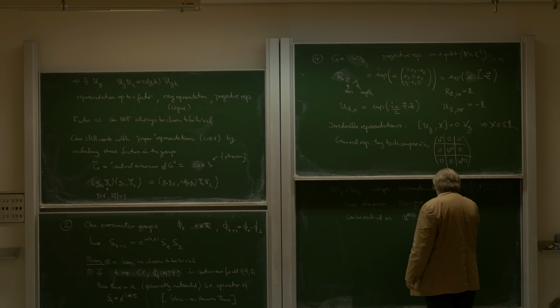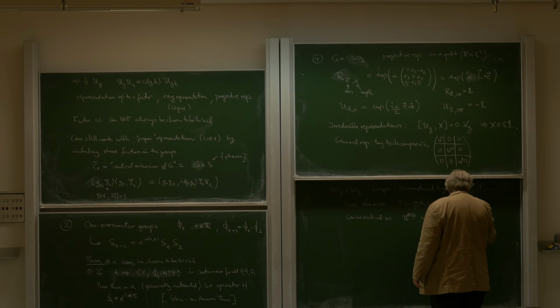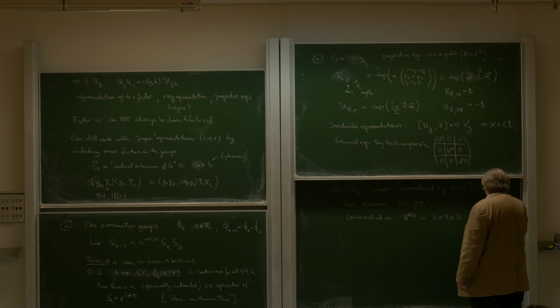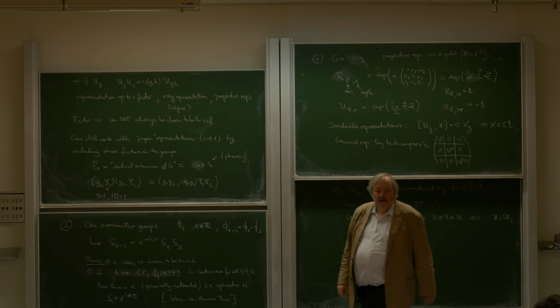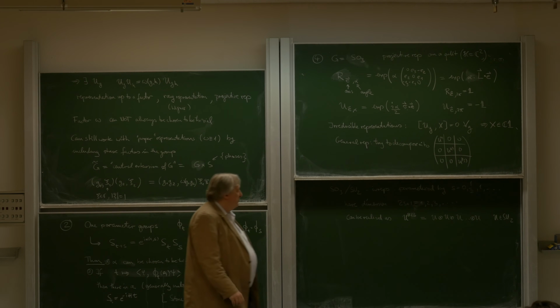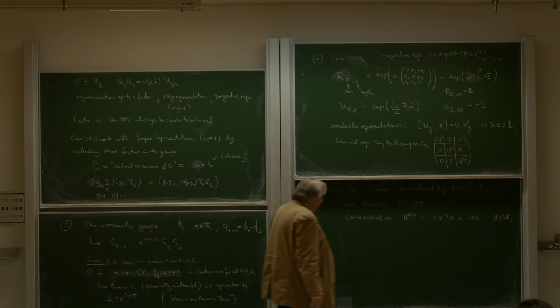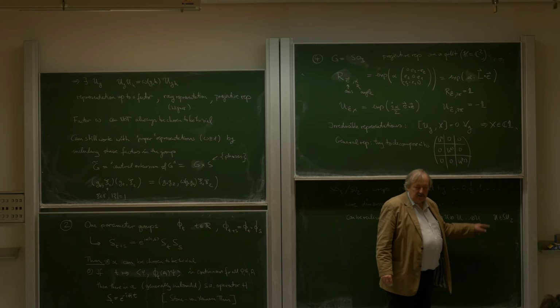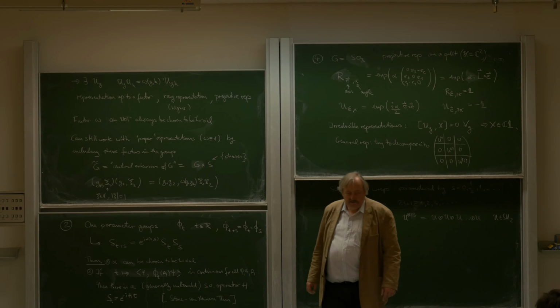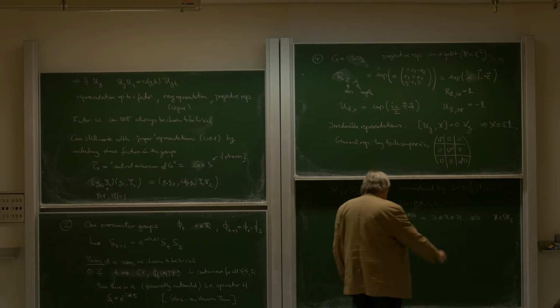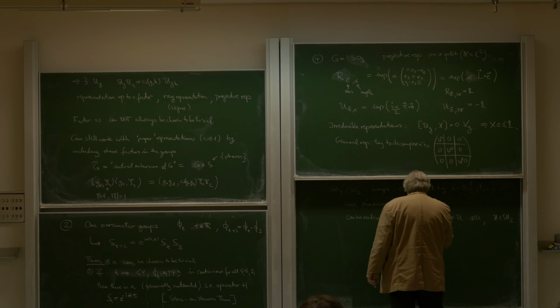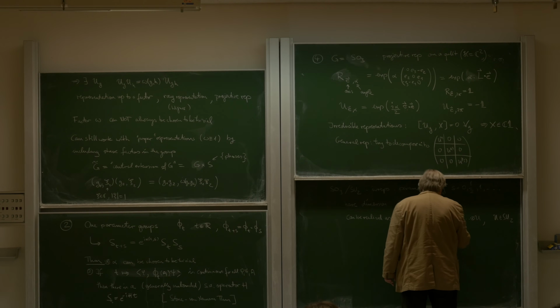So this is U tensor U tensor U, where U is now in SU2. You get a representation of the SU2 group by taking a tensor product of 2S factors and restricting to the symmetric subspace.